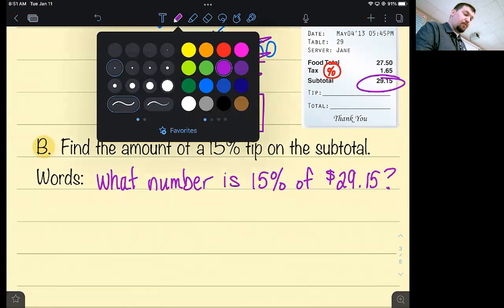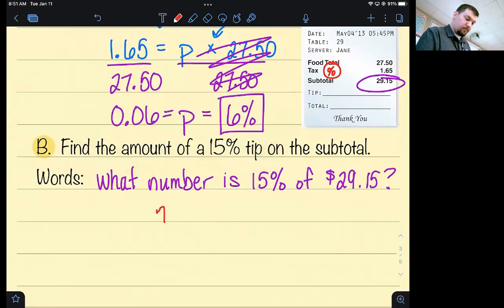Hannah, what am I going to replace the word is with? Not multiplication, not division. Scroll back up in your notes. What do we replace is with?